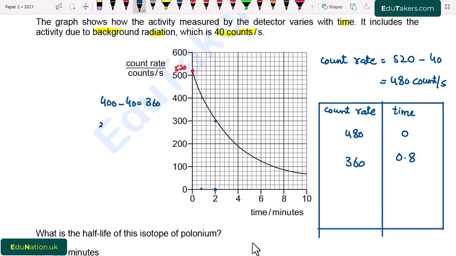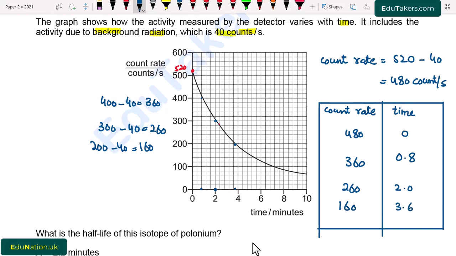So 300 minus 40 is equal to 260. So the count rate will be 260 at 2.0 minutes. When time is 3.6, count rate is 200. So 200 minus 40 is equal to 160. It means that there are 160 counts per second at time 3.6.